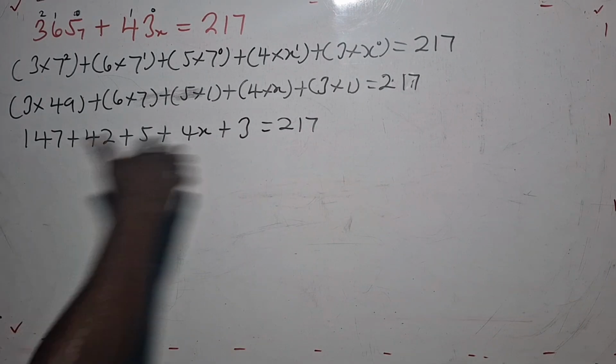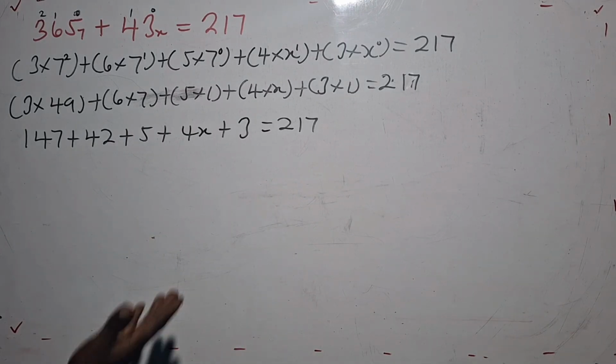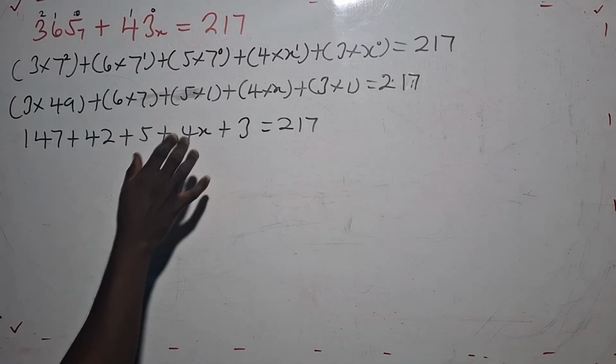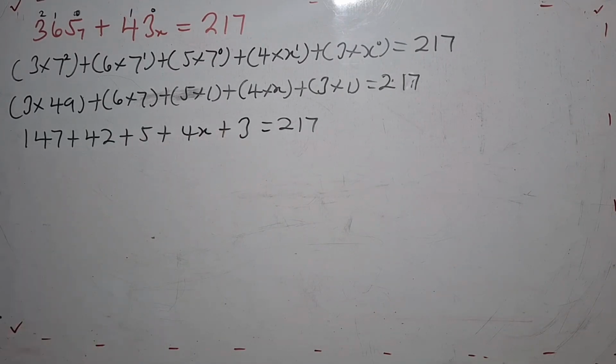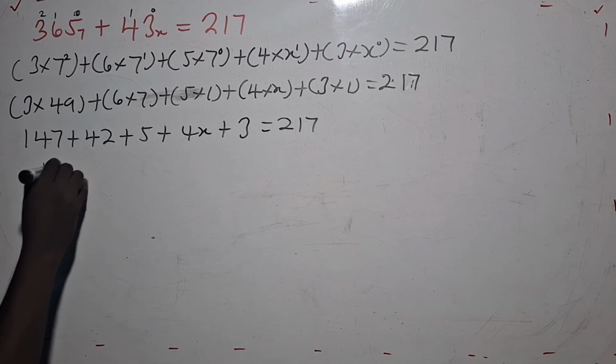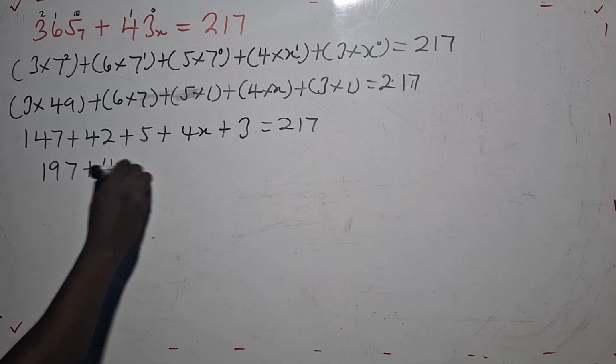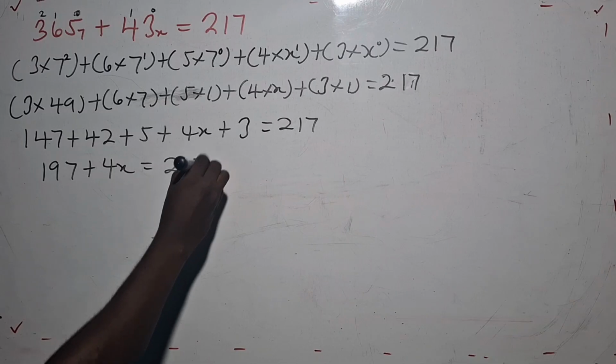So since there's no square in here, this is a linear equation. So let's add this one and see. This is not like term. This is different from this one. So 147 plus 42 plus 5 plus 3 will give us 197, plus 4x is equal to 217.